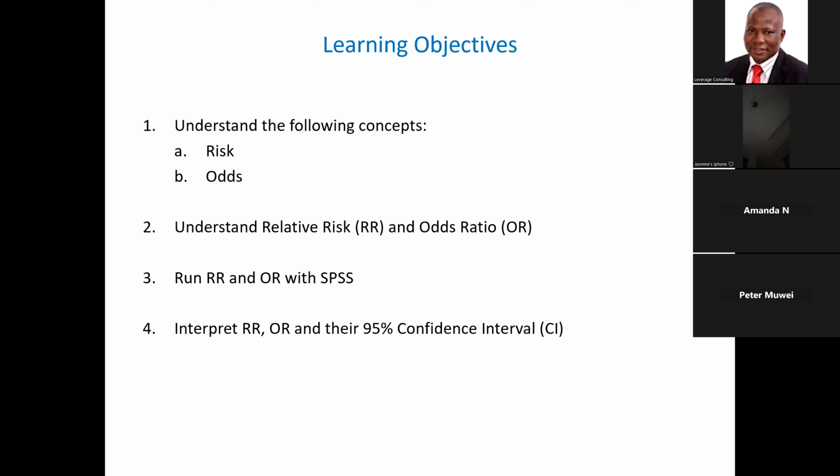It means it's not due to chance, because the probability that it's due to chance is very small. But that doesn't mean the more significant one has a better effect than the less significant one. No. It doesn't quantify the association.